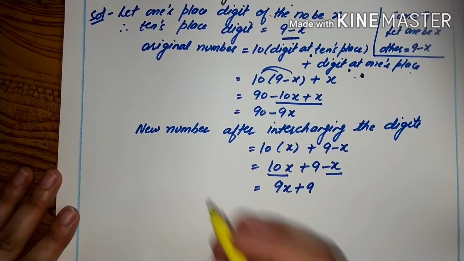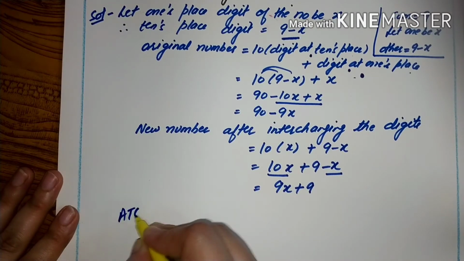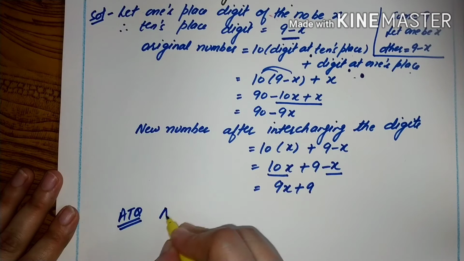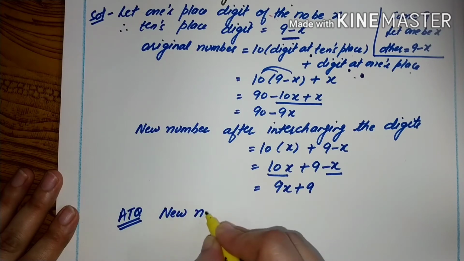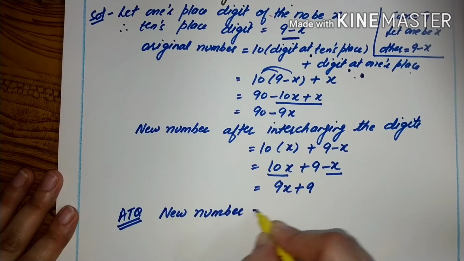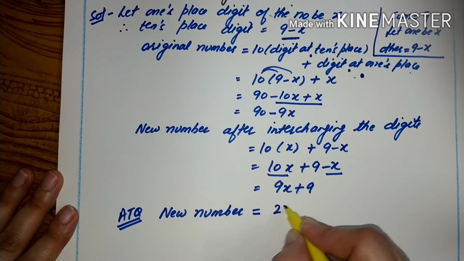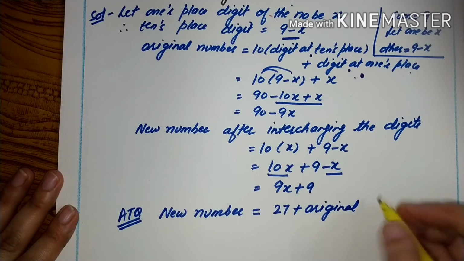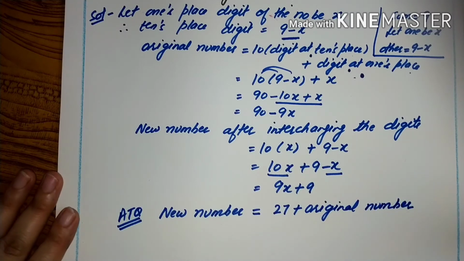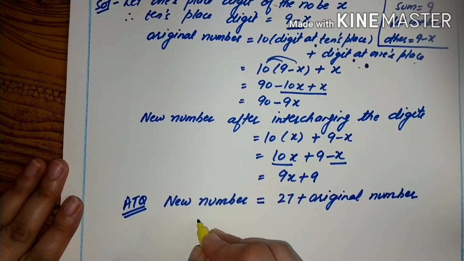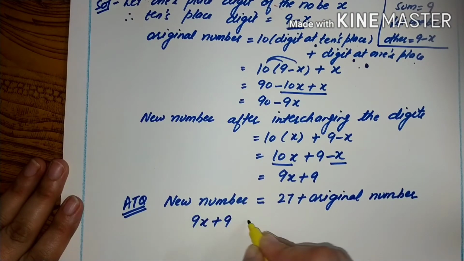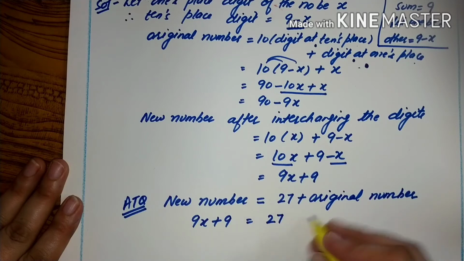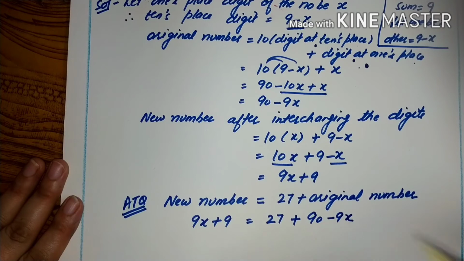Now the condition was, according to the question, the new number is 27 more than the original number. So the new number will be 27 plus the original number. Now the new number was 9x plus 9. 27 plus the original number was 90 minus 9x.